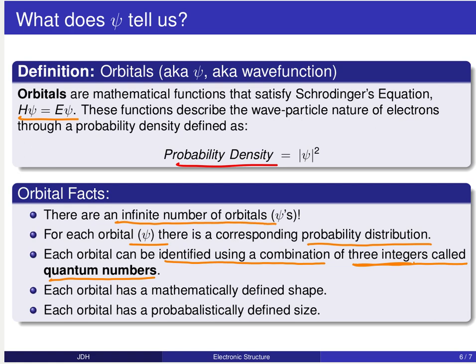Each orbital has a mathematically defined shape and a probabilistically defined size. There's a region of space where we're more likely to find the electron, and that has a dependence on how far you are from the nucleus and on your angular position in relationship to that nucleus.